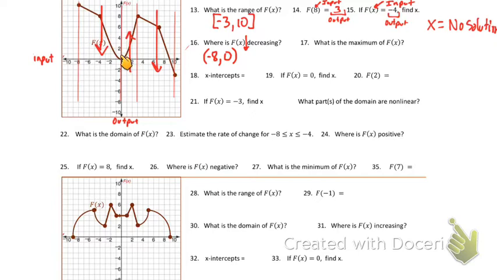We then go up, and then it starts going down at 3, and it stops entirely at 10. Okay, so let me just highlight that for you really quick. So we're going down here in this section and in this section. And that's what those lines are talking about.